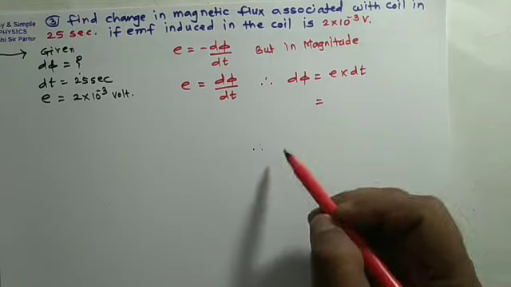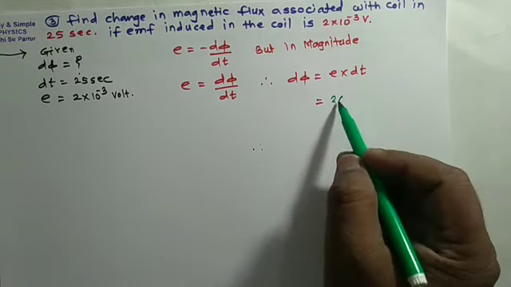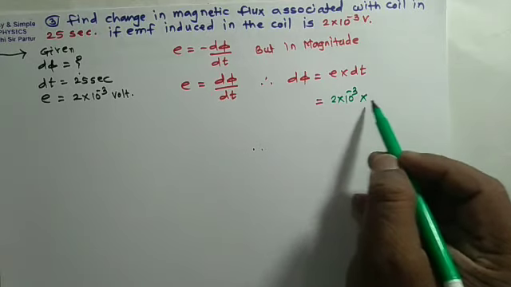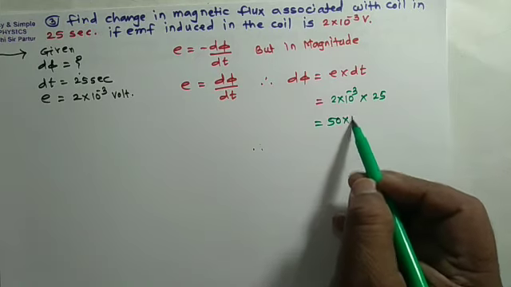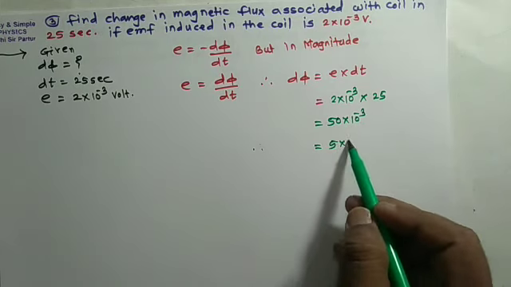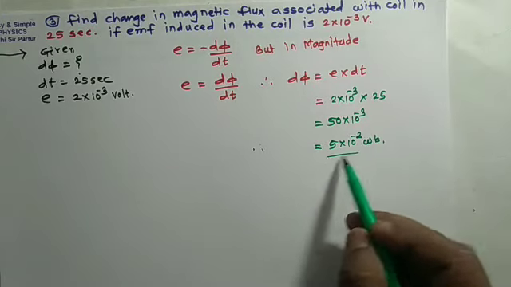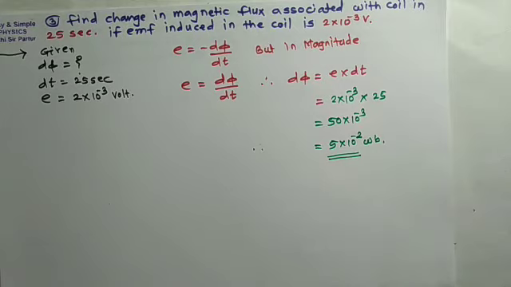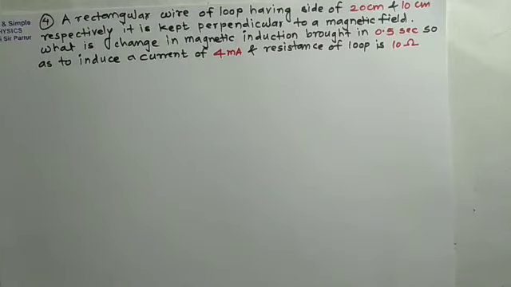If we substitute the values, E will be 2 into 10 to the power minus 3 into 25. So 25 into 2 will be 50 into 10 raised to minus 3. So it becomes 5 into 10 raised to minus 2 Weber, the change in magnetic flux associated with coil. Another example is seen.